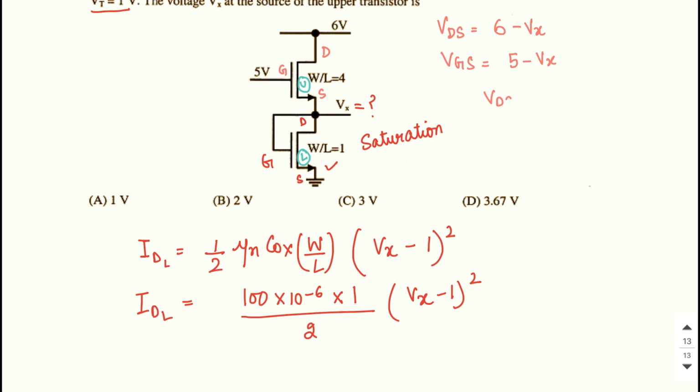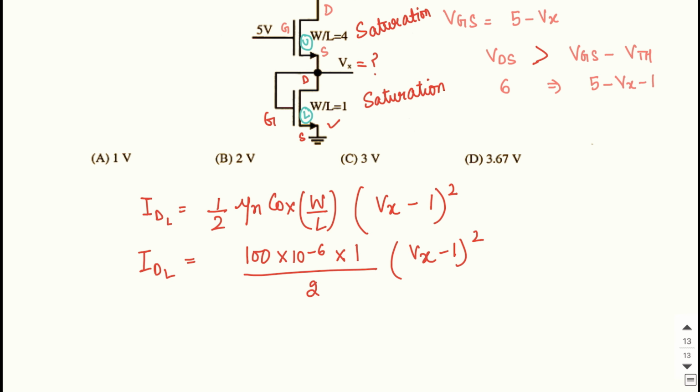Now if we compare VDS and VGS minus VTH, this would be 5 minus Vx minus 1, and this side you have 6. So definitely VDS is greater than VGS minus VTH for the upper transistor. Hence, we can conclude that the upper transistor is also in the saturation mode.